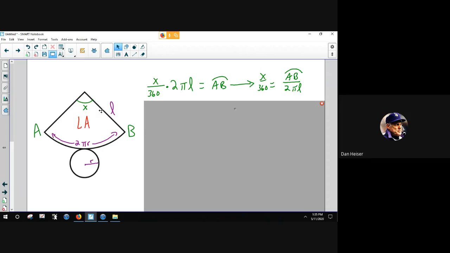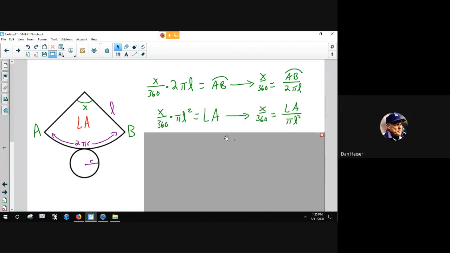Now let's look at this as a fraction of the entire circle's area. And we may recall it's the same fraction. Whatever x is in degrees divided by 360, that gives us the fraction that this represents, but now it's a fraction of the entire area.